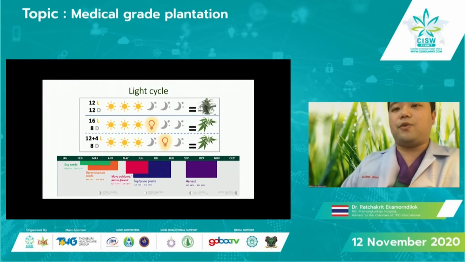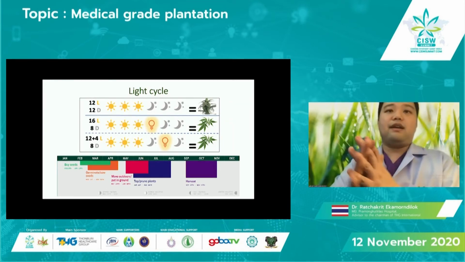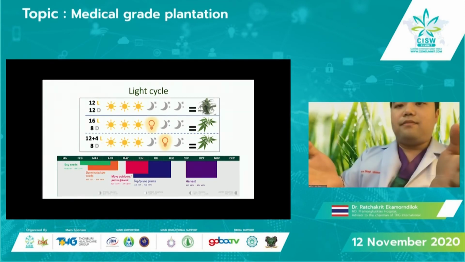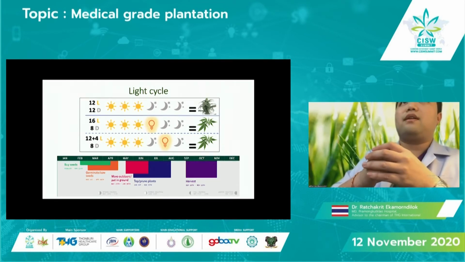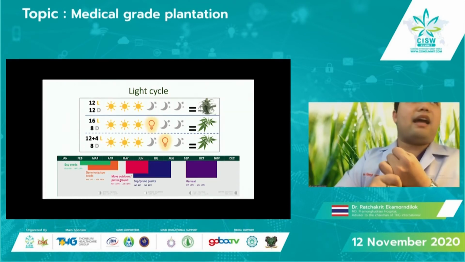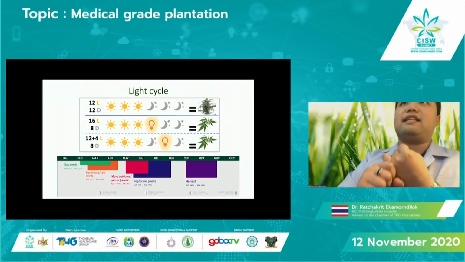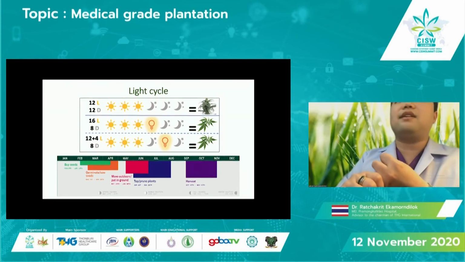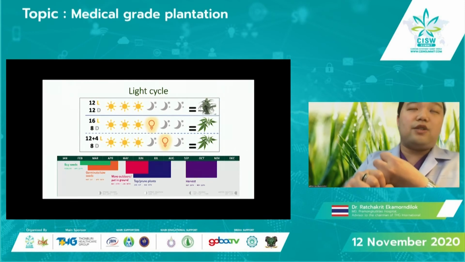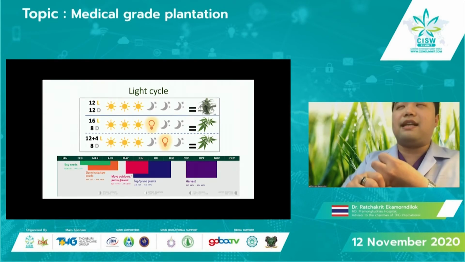And the light cycle. The light cycle is different between artificial and growing outdoors. Cannabis starts its flowering stage when it gets light of less than 12 hours per day. It's very easy when you grow indoors because you use artificial light.